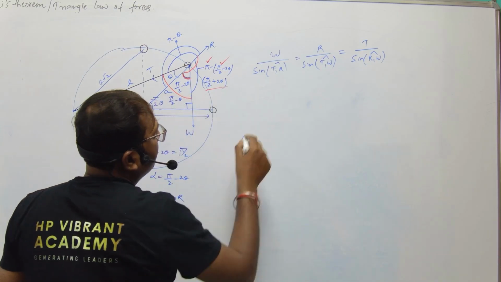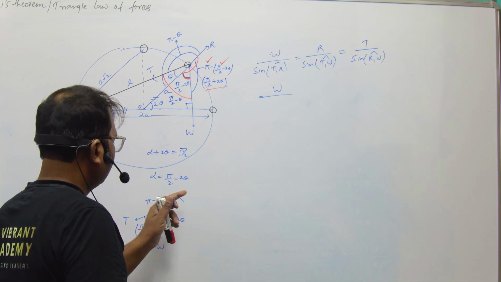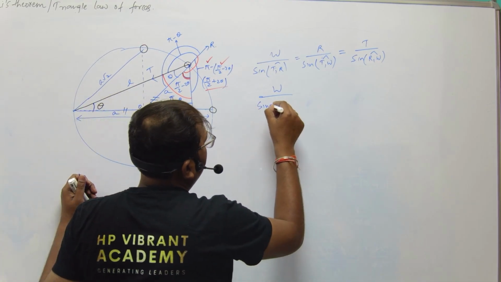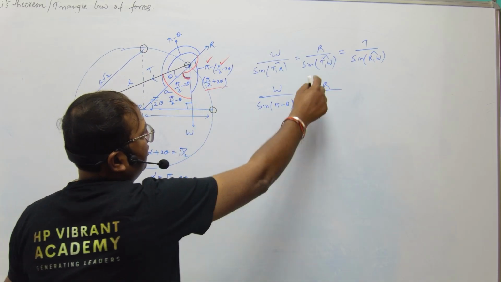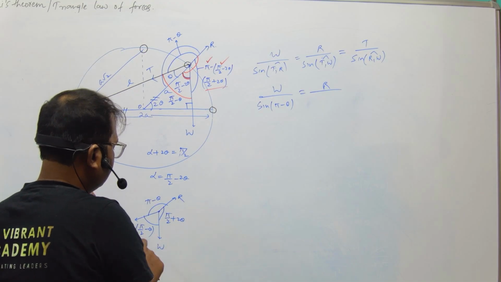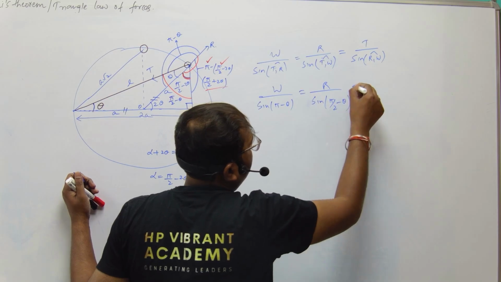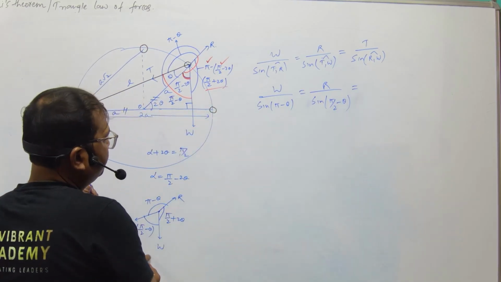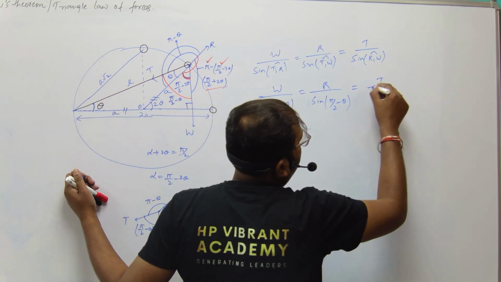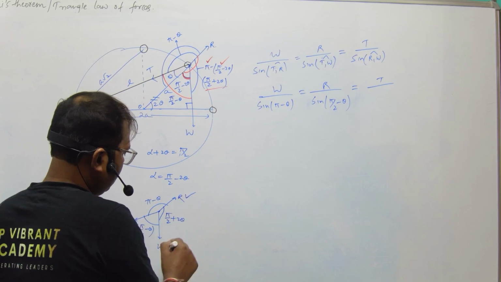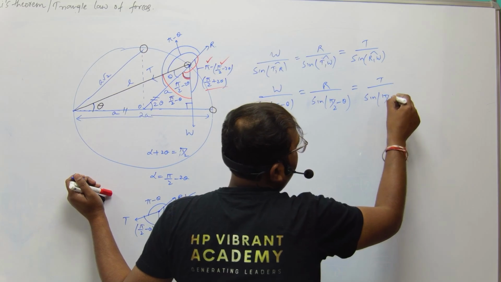Okay, so let us write down. We have W upon sine of the angle between T and R, that is pi minus theta. So W upon sine of pi minus theta is equal to R upon sine of the angle between T and W, sine of pi by 2 minus theta, is equal to T upon the angle between R and W, that is sine of pi by 2 plus 2 theta.